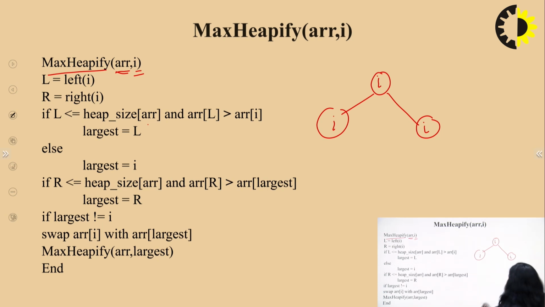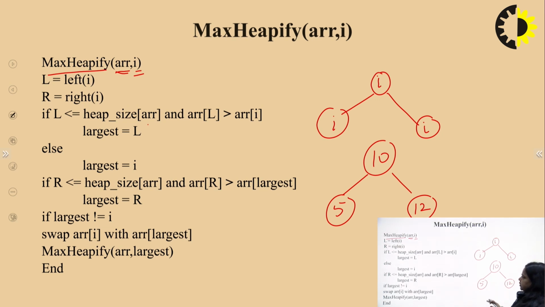Suppose, for example, I write 10, 5 and 12, right? Now in this condition, we need to check whether this particular element is greater or not. We check if its left child is greater. The condition is false, so in this case this particular element, the ith element, is the largest, right?